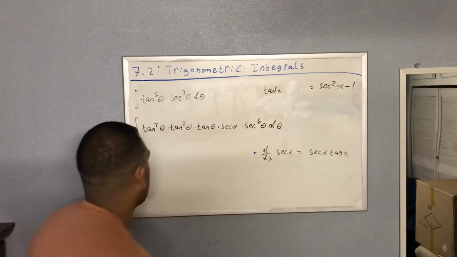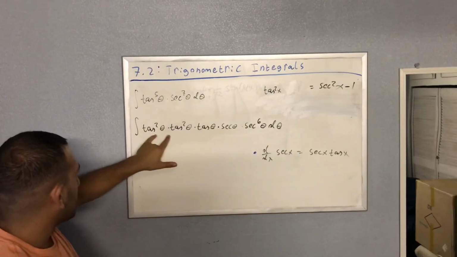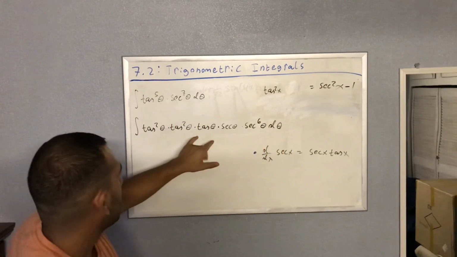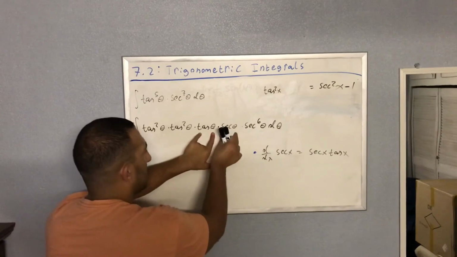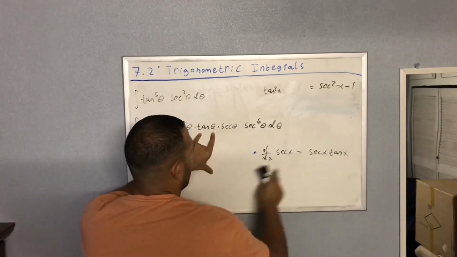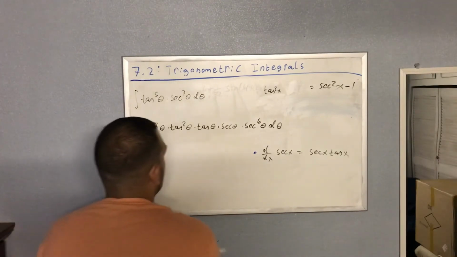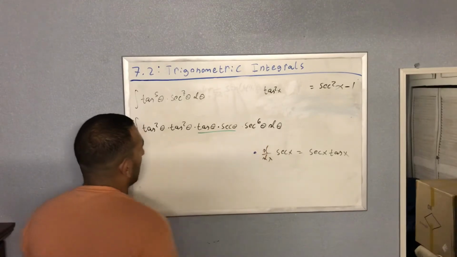Now why do we do that? We broke these two up into tangent squareds to be able to use this. And then the remaining tangent, we wanted to pair with one of the secants so we can use this here. This is the key. As a consequence, we're left with 6 more powers of secant.